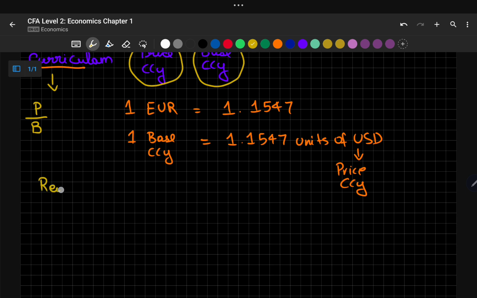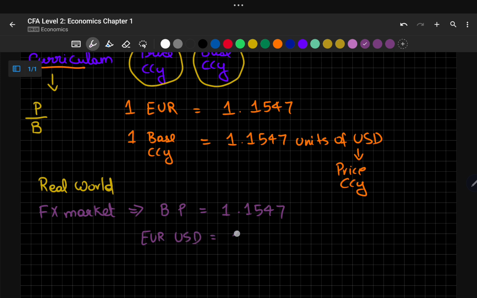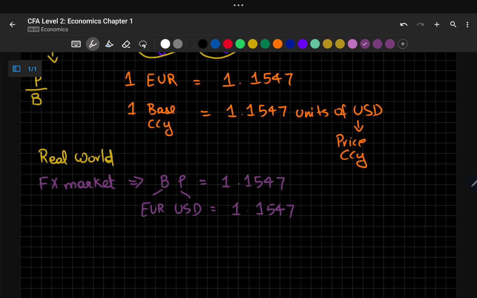But in the real world, that is in the FX market, it is quoted as base currency first and then price currency. It would mean that in the FX market it is usually quoted as EUR/USD equal to 1.1547. That is, base currency is quoted first and price currency second, but the concept remains the same.